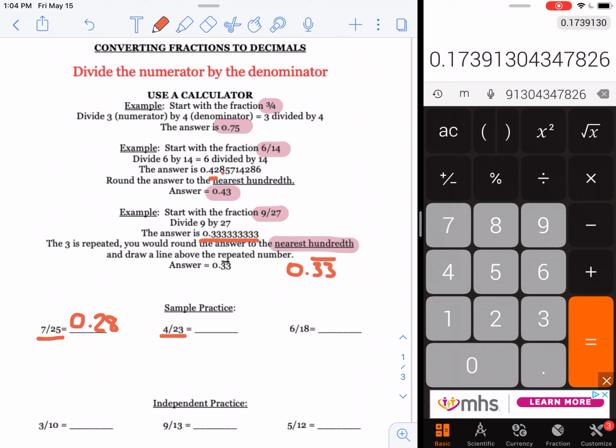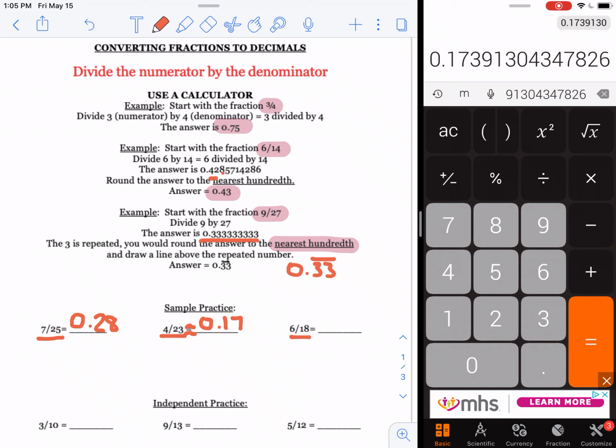I'm going to look at that third number, which is 3. The rule for rounding is anything below 5 does not change the number. So our answer here is just going to be 17 hundredths. In this case, it wouldn't be equal. We would change this to where we're rounding it, so it'd be around 0.17, since the number does continue going.